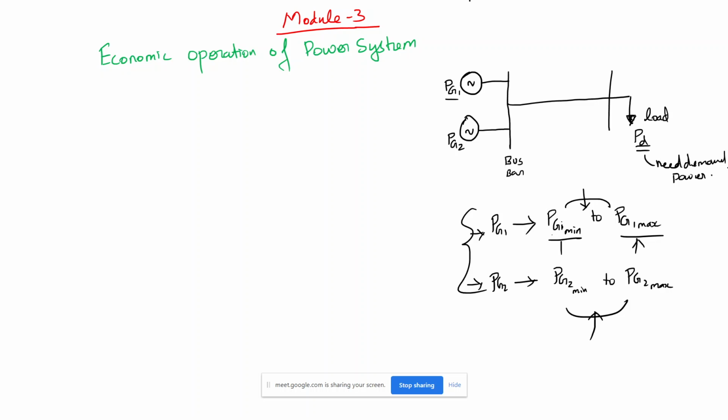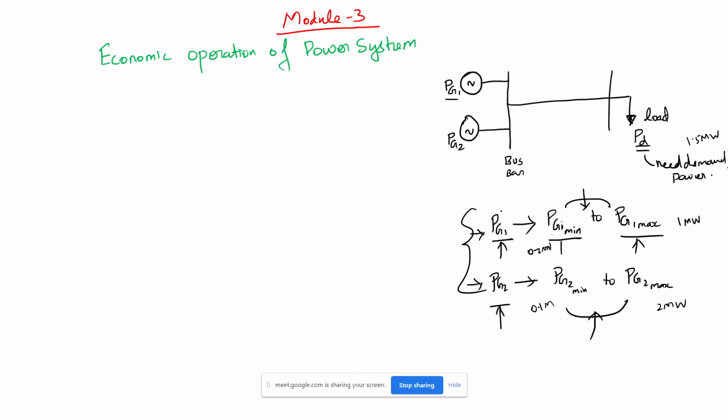For example, if generator 1 has a maximum limit of 1 megawatt and a minimum of 0.2 megawatts, and generator 2 has a minimum of 0.1 megawatt and can operate up to 2 megawatts, and the demand is 1.5 megawatts, each generator has its own efficiency.